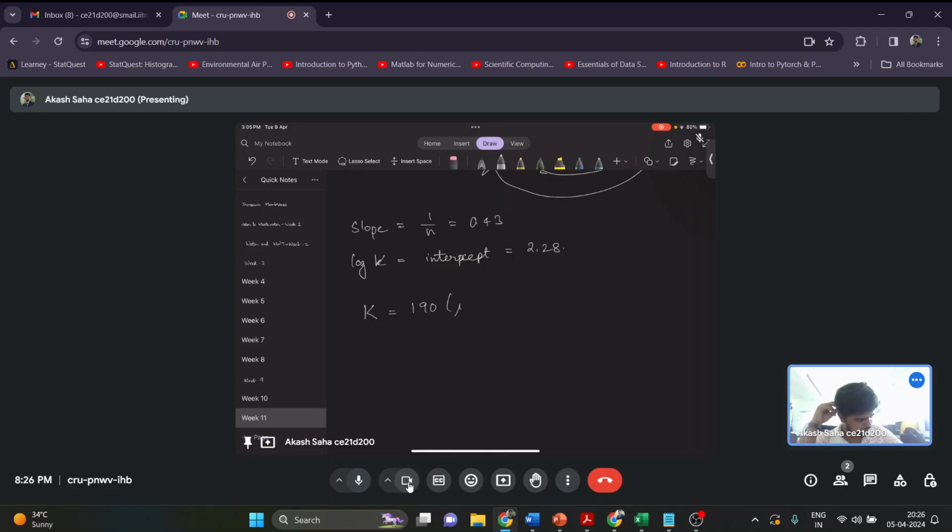Okay, so we can write it as K is equal to 190 mu mole per gram into liter per mu mole to the power 0.43.